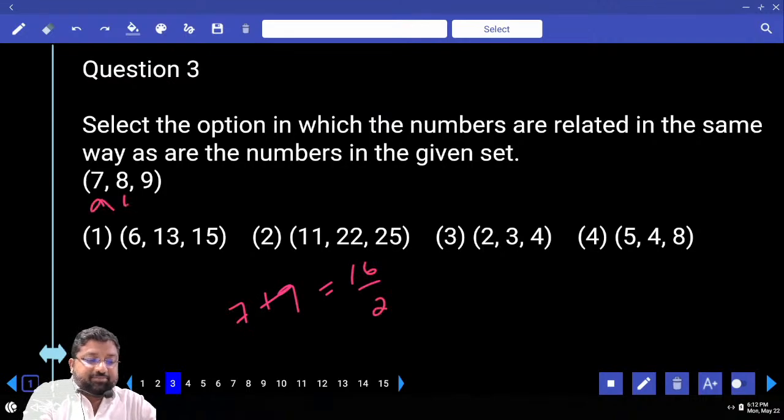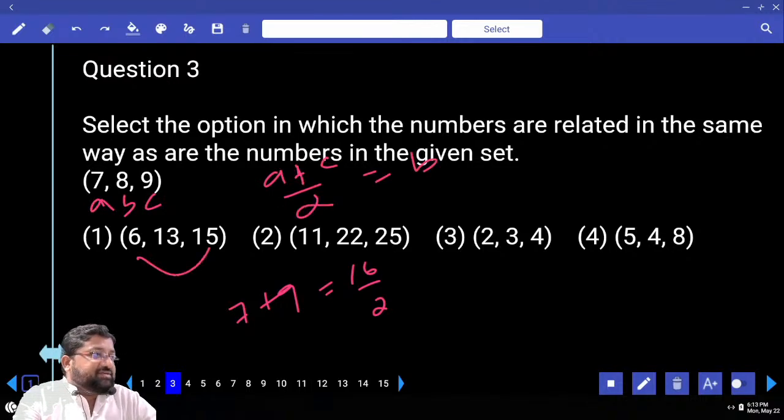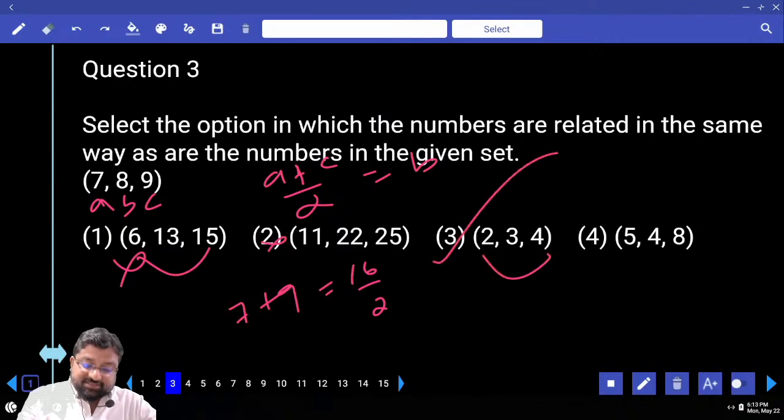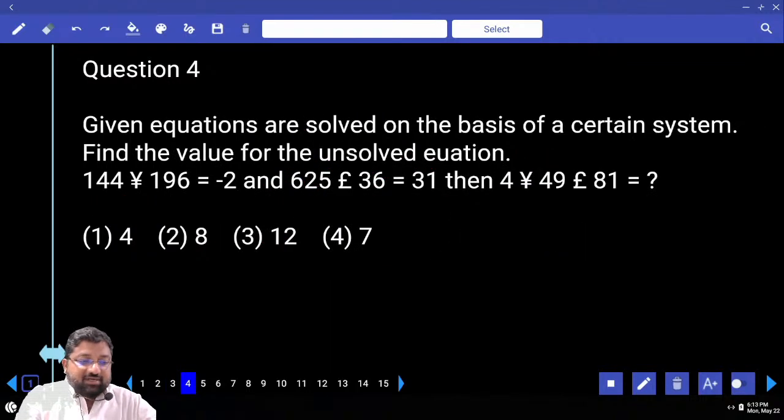If this is A, B and C, then (A plus C) by 2 is equal to B. 6 plus 15, 21, I'll not get a whole number. 11 plus 25, 36, divided by 2. 2 plus 4, 6, divided by 2 is 3. Come back to this question.